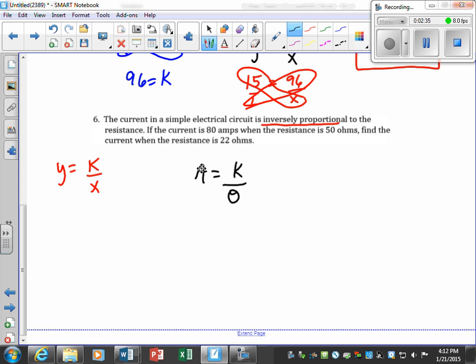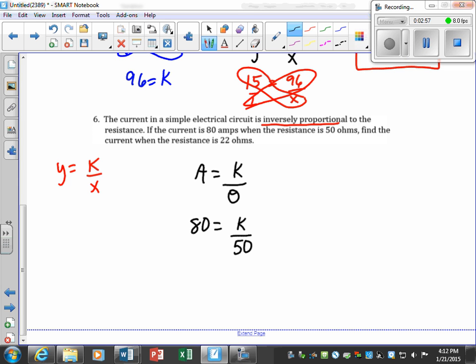So these are just amps and ohms in respect to circuits. So it doesn't matter, we'll just be consistent. If the current is 80 amps, we let A be for amps, so 80A. We're looking for k, and the resistance is 50 ohms, so 50 ohms.